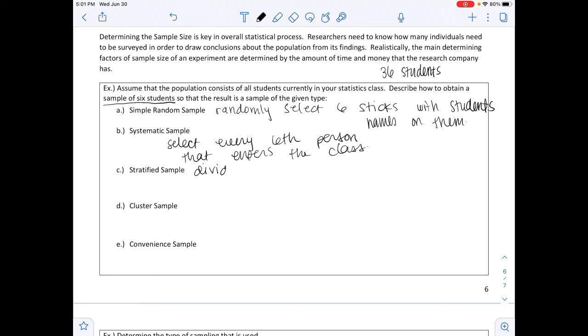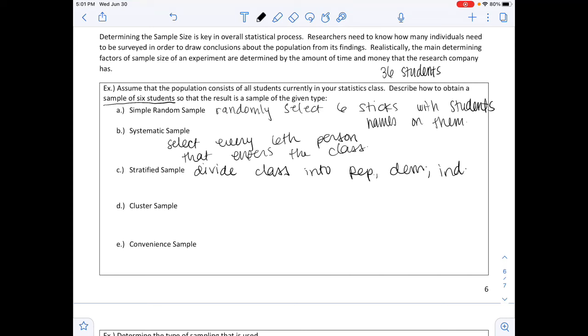So we can divide the class into groups, which is going to be Republican, Democratic, or independent, so whichever one you would more likely relate to in views.